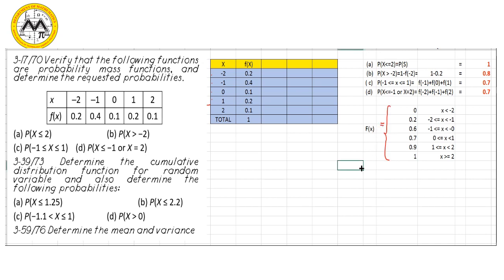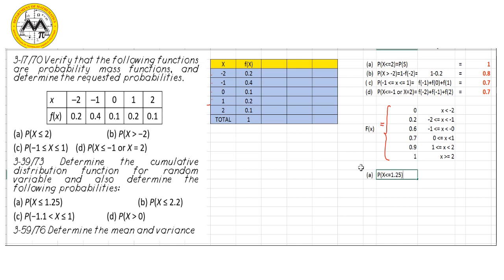We have a follow-up question for that. We are going to apply probabilities. For letter A, we're looking for the probability that x is less than or equal to 1.25.